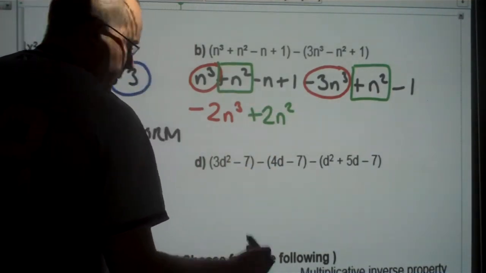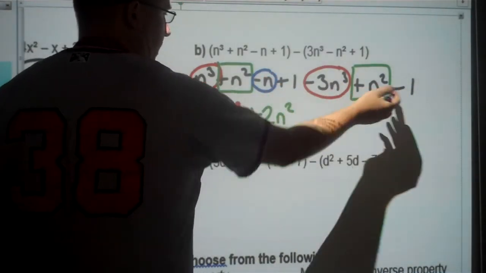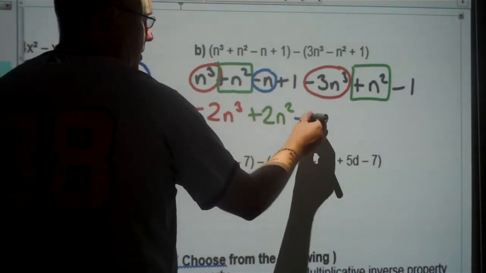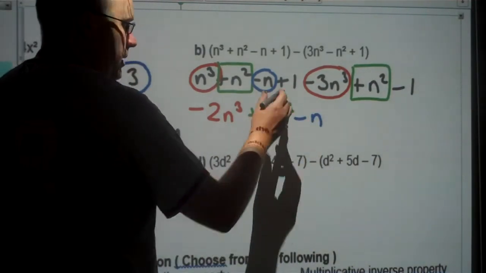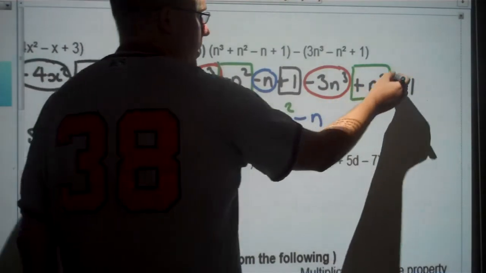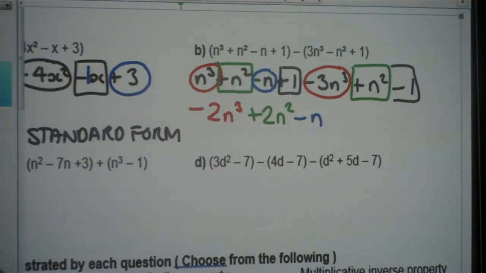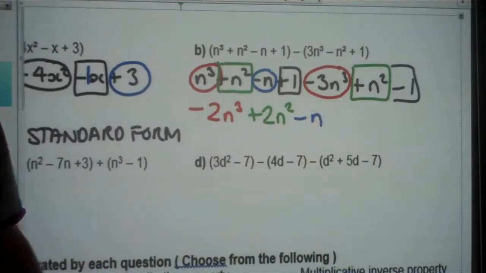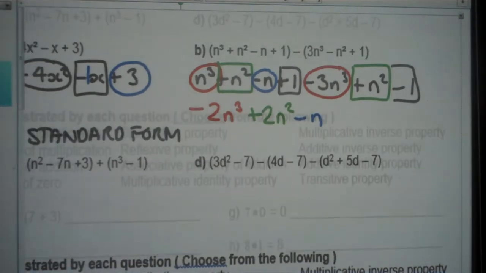I also can see within here I've got a negative n, and I don't have any other term that groups with that, so I'm just going to put down subtract n. And then when I get to the last term, I've got positive 1 take away 1, which is 0. Now I could put add 0, but we also know from our work on properties that if you add 0 to something, it doesn't change anything because it's an identity. So I'm not going to put plus 0.